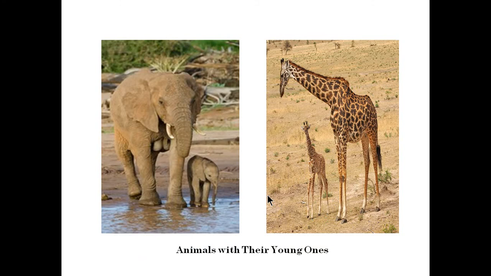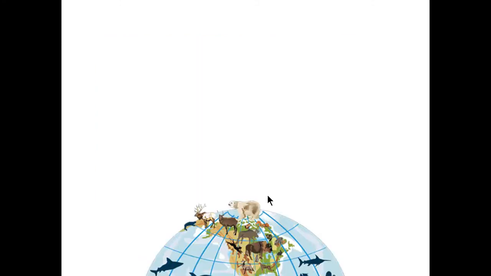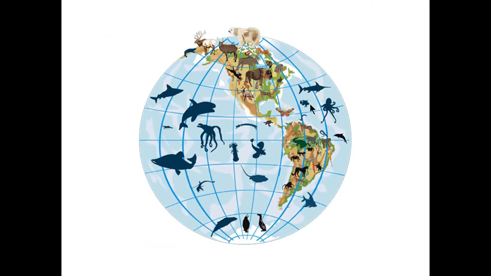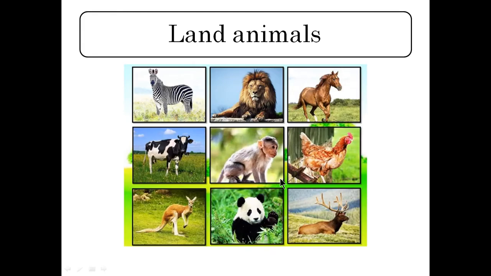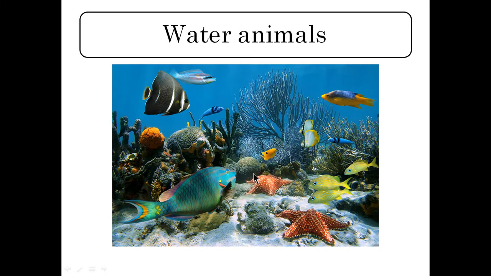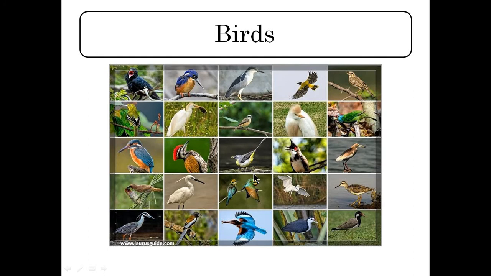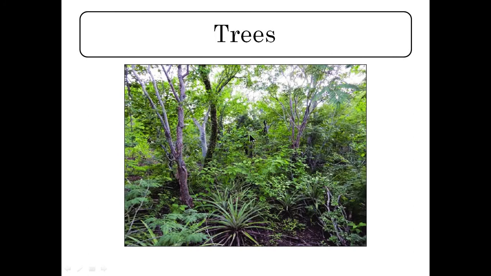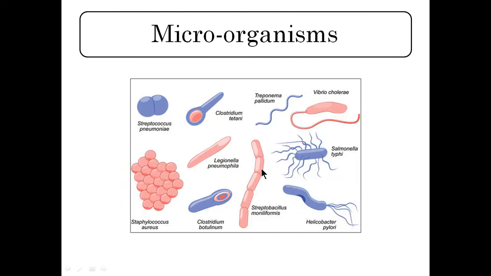I hope that is clear. Now you see, this is Earth, a big planet, and there is a huge variety of different life forms. For example, there is a huge variety of land animals. We can see water animals, there are birds, there is a variety of plants and millions of species of microorganisms.